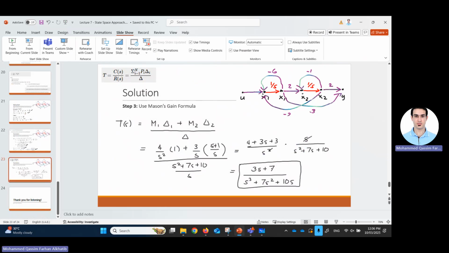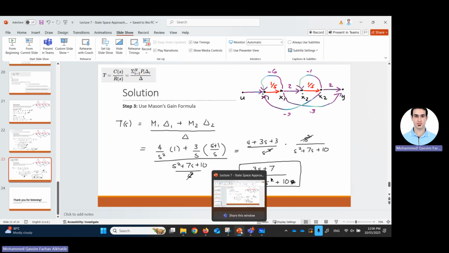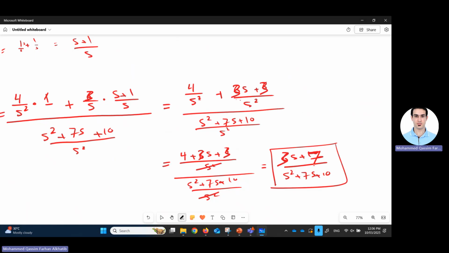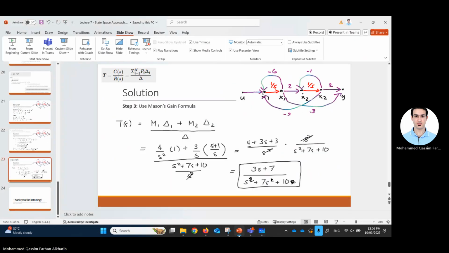And there we go. 3s plus 7 over s squared. This is a mistake. 1, and there's no s, because there should be an s squared here. So they will cancel each out from there. All right. So there's a small typo here, but the correct solution is there. 3s plus 7 over s squared plus 7s plus 10.